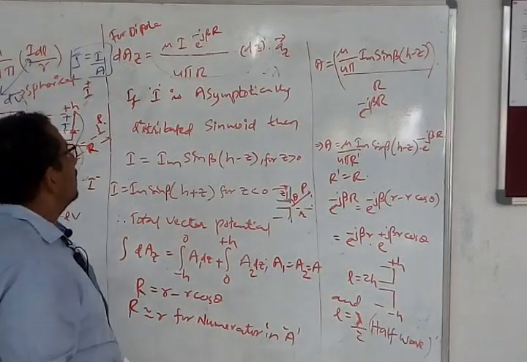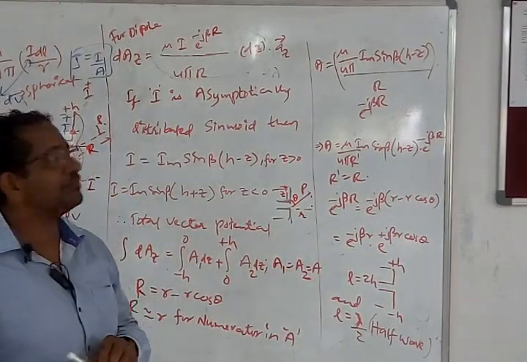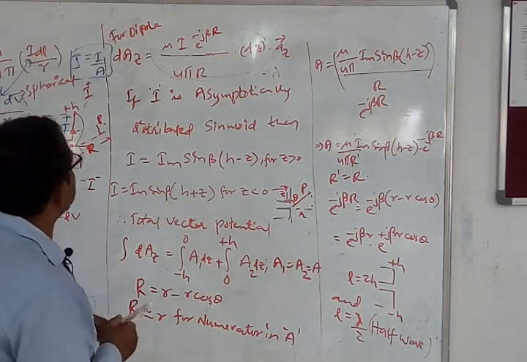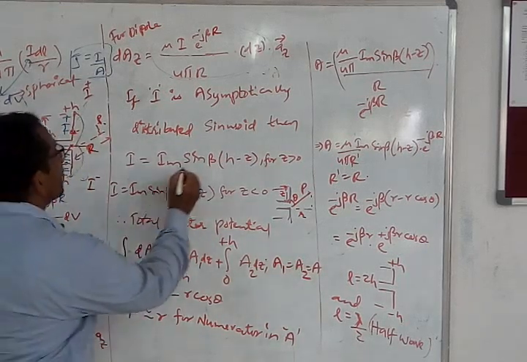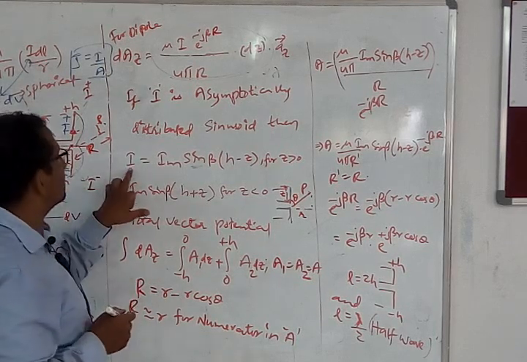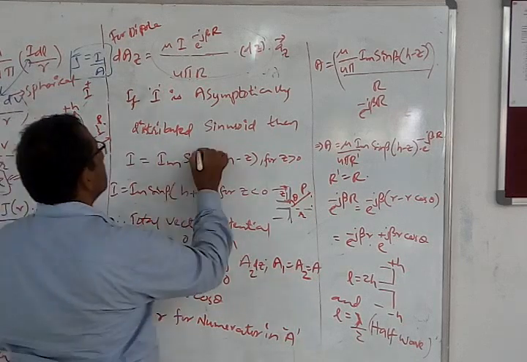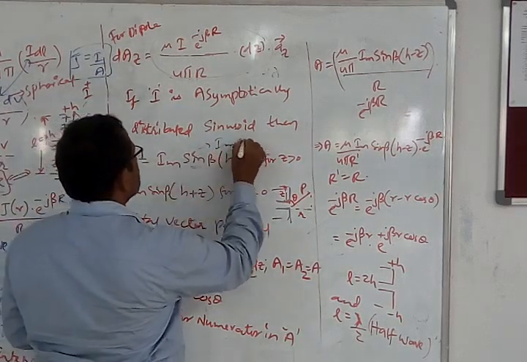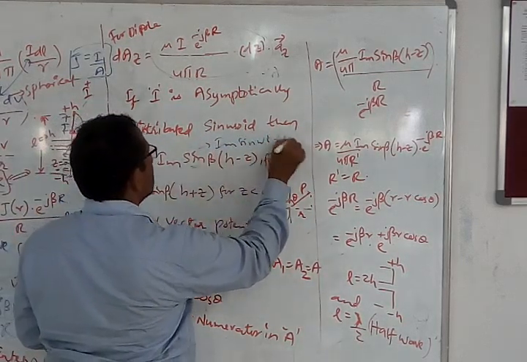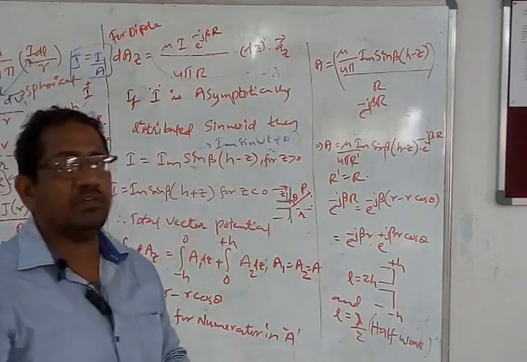So here we take a condition: if I is an asymptotically distributed sinusoid, then the sinusoidal value should be written in terms of a sine component. So I will write I as, the general formula is what now? Sine function, something like Im sine omega t plus theta. This is the general time domain wave equation now.